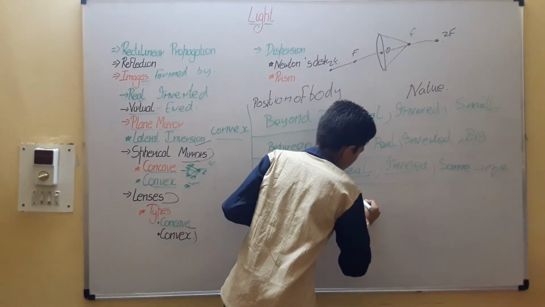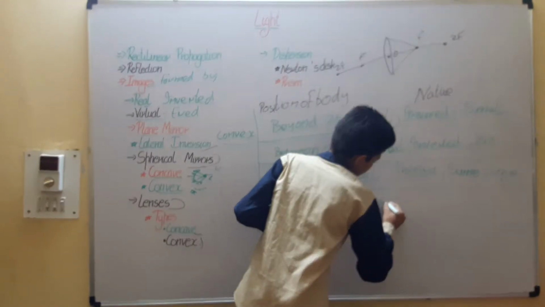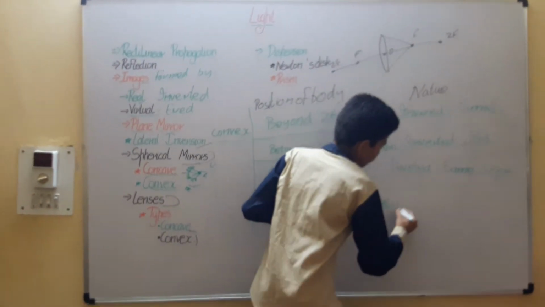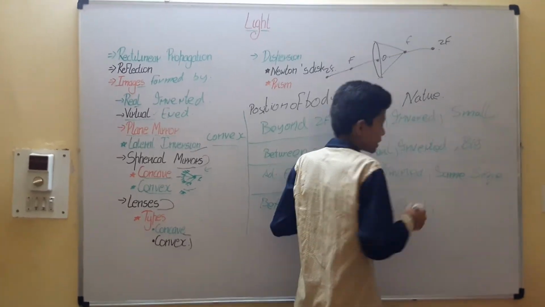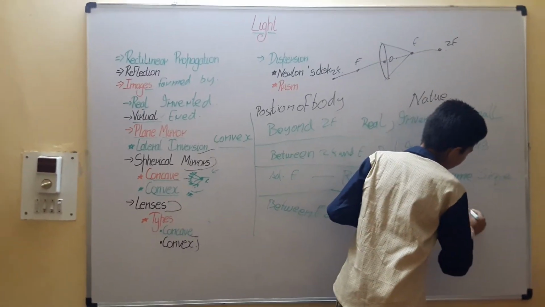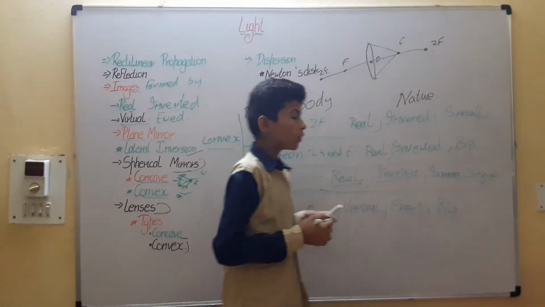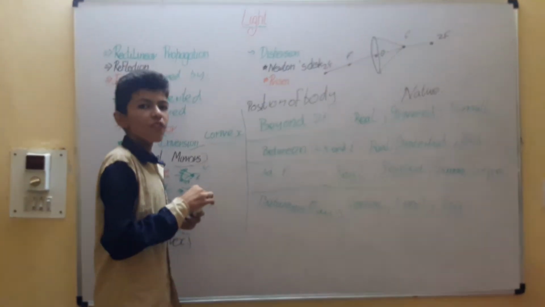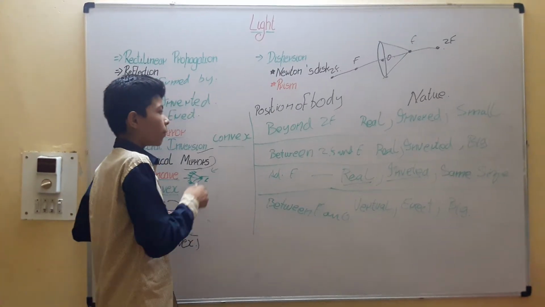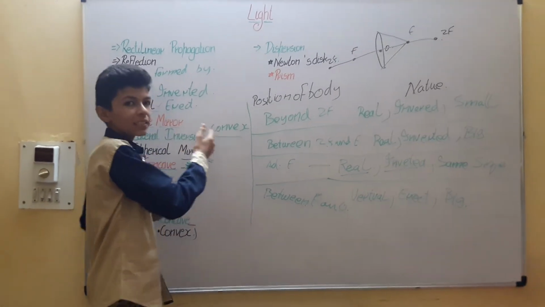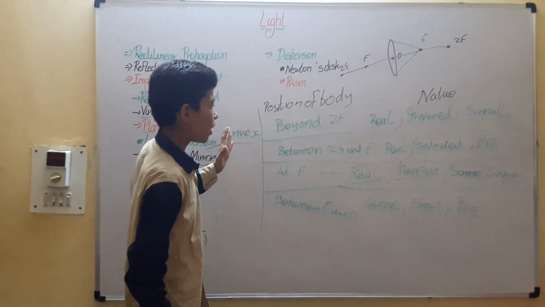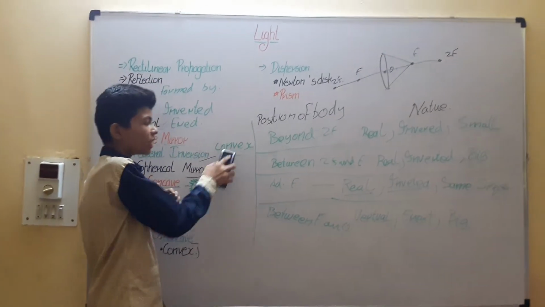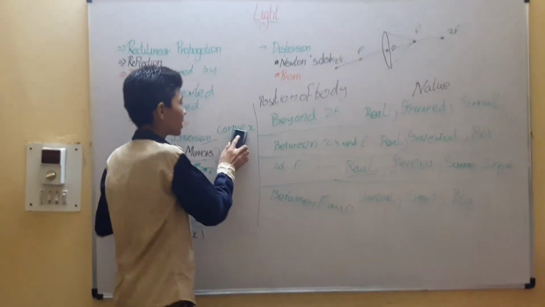This would be a virtual image, an erect image, and it would become big again. So these are the characteristics of the images formed by convex lenses. So let's move to the concave one.